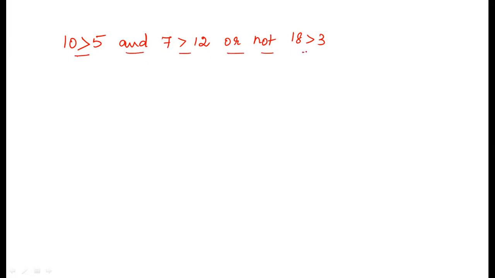Among them, relational operators come first in precedence. So 10 greater than 5 is true, and 7 greater than 12 is false, or not of 18 greater than 3, true. So we have evaluated the relational operators.